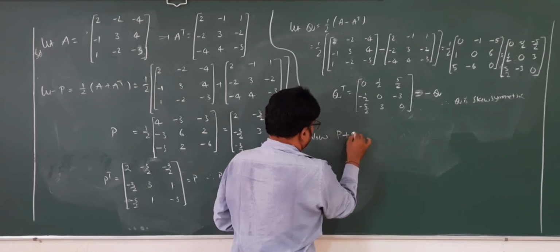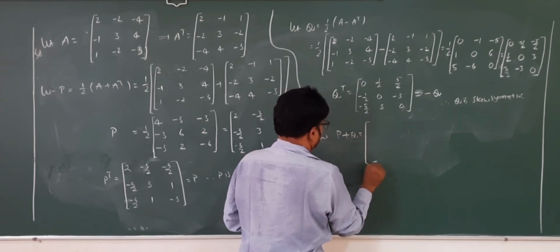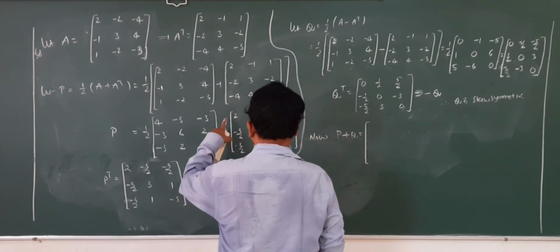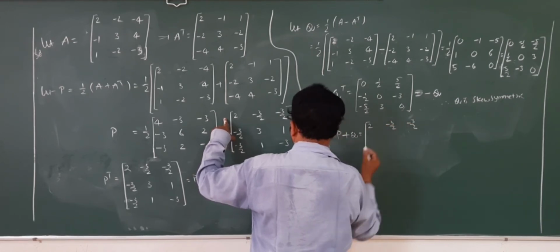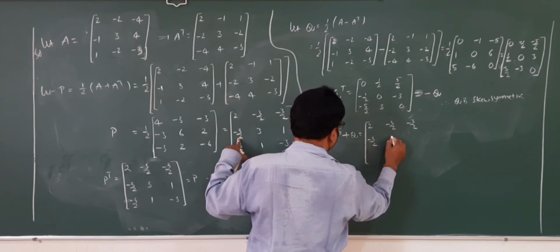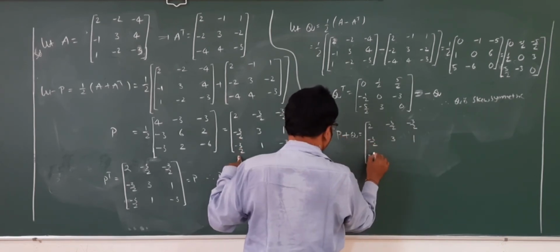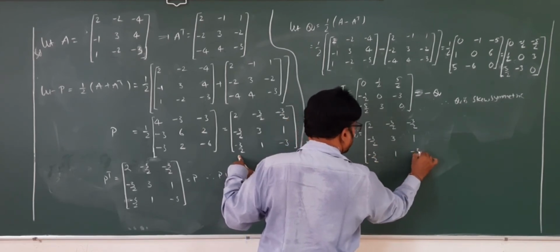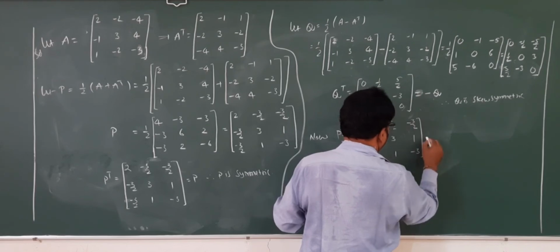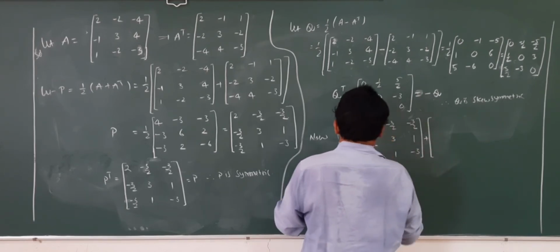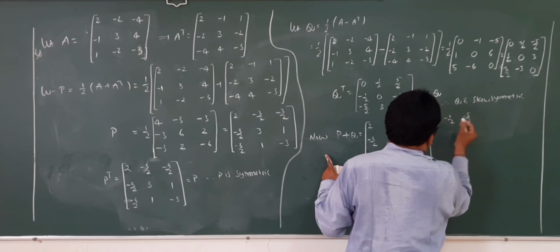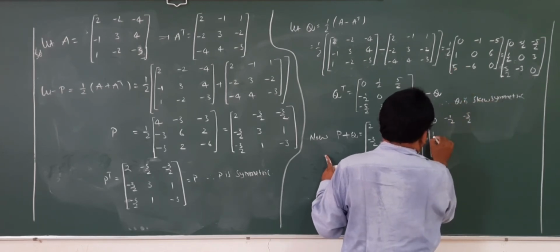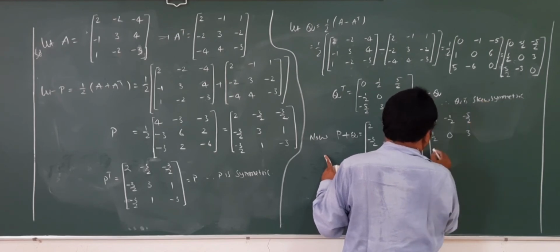Now, P plus Q equal to, so this is the P matrix: 2, minus 3 by 2, minus 3 by 2, and minus 3 by 2, 3, 1, and this value minus 3 by 2, 1, minus 3, and the Q matrix is 0, minus 1 by 2, minus 5 by 2 and 1 by 2, 0, 3, and this value is 5 by 2, minus 3, 0.